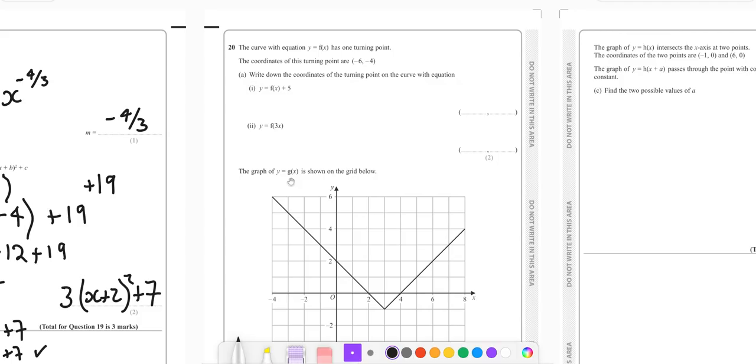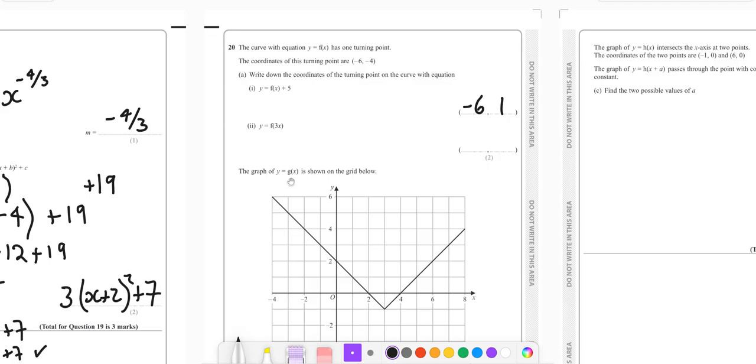The curve with equation f(x) has one turning point. The coordinates of this turning point are minus 6, minus 4. Write down the coordinates of the turning point of the curve with equation f(x) plus 5. Well, we know that that just moves it up 5, so up 5 will be minus 6, 1.